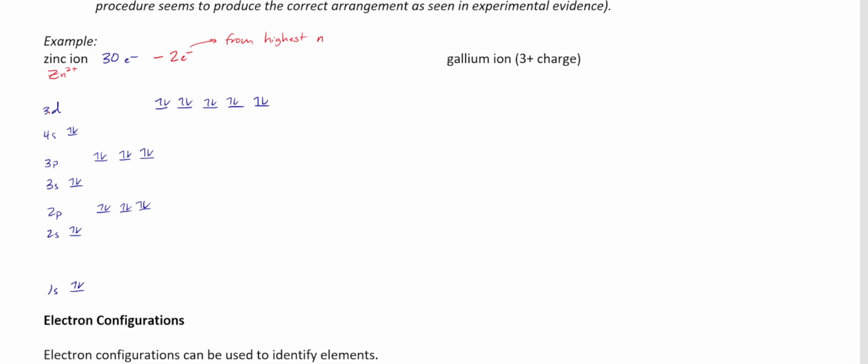So I look here and I see between 3 and 4, 4 is my highest principal quantum number. These electrons are the furthest away from the nucleus. So these are the electrons that get removed. So what I'm going to do is erase these right here and then circle to show that I have removed 2 electrons.